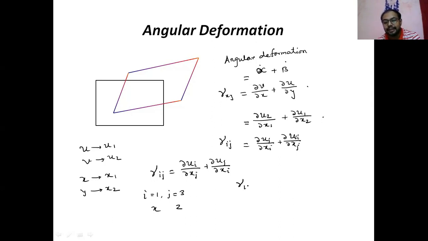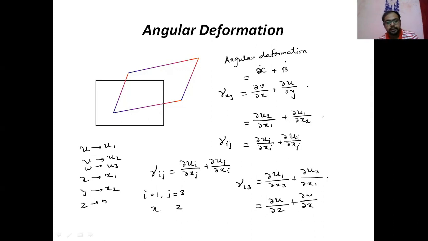In that case, the 1 3 component will give you del U1 del X3 plus del U3 del X1. If the coordinate is 1 and 3 in such cases. So the indices form is easier and generalized. So del u del z plus del w del x, where w is u3 and z is x3.